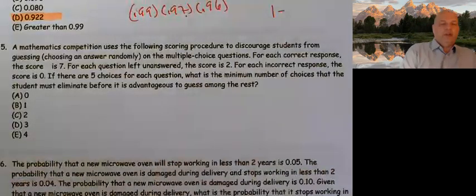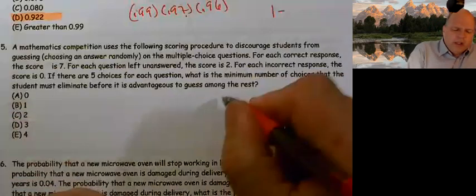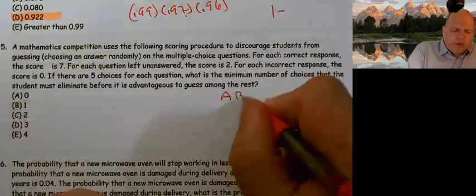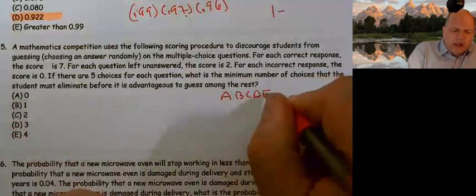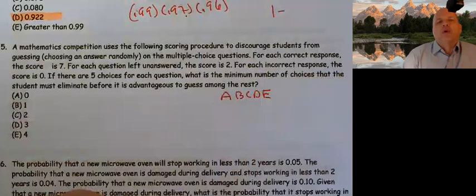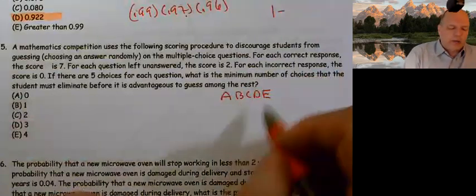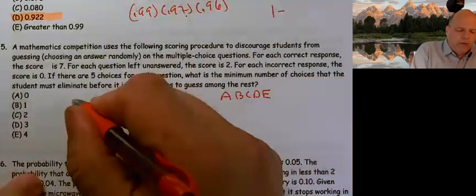If there are 5 choices for each question, what's the minimum number of choices that the student must eliminate before it's advantageous to guess among the rest? Let's just say my answer choices are A, B, C, D, and E, and we don't know which one is correct. Well, the probability that I guess the correct response out of 5 would be 1/5.